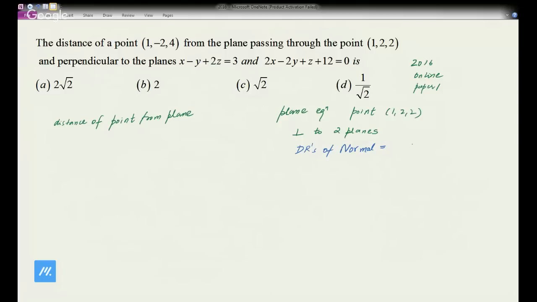Since there are two perpendicular normals, what will happen to them? n1 cross n2. So you had to solve i j k. This will be what? 1 minus 1 2. This will be 2 minus 2 1. Agreed, guys? Very simple stuff. Just solve the drs of this particular normal and you will get the answers.